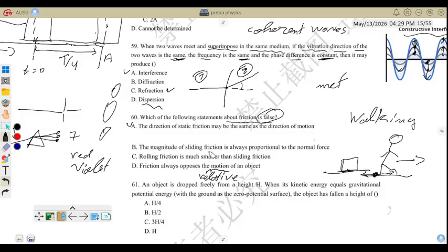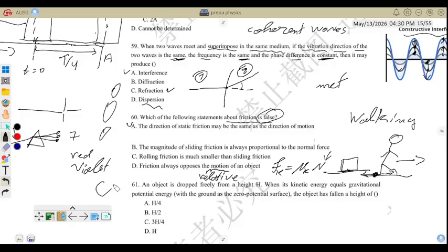The magnitude of sliding friction is always proportional to the normal force. That is correct as well. As we have seen, friction f_k is equal to a certain constant mu k times N, with N being the normal component of force. Rolling friction is much smaller than sliding friction.